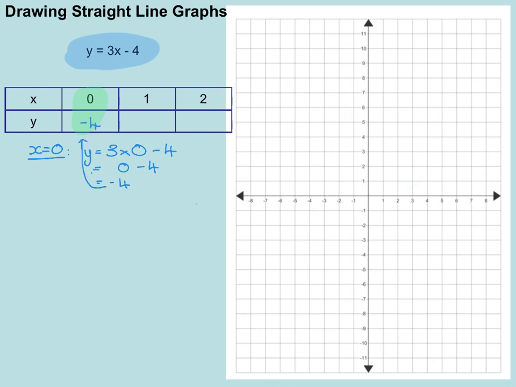Next one, x equals 1, y equals 3 times 1 and take away the 4. 3 times 1 is 3, take away the 4 is minus 1. And the last one that I'm going to do there, x equals 2, 3 times 2, take away 4. 3 times 2 is 6, take away the 4 makes 2.